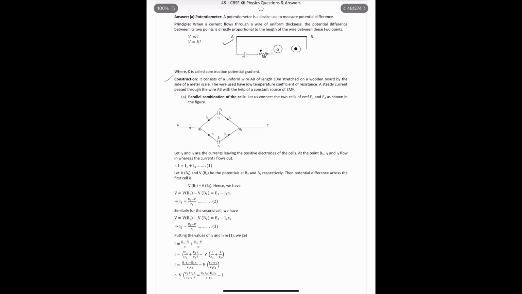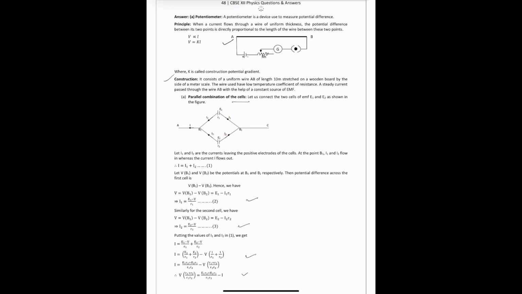Now, cells E1, E2 are connected in parallel. So in the parallel combination, what is the same? The potential difference is the same. So you calculate I1 here and I2 here.